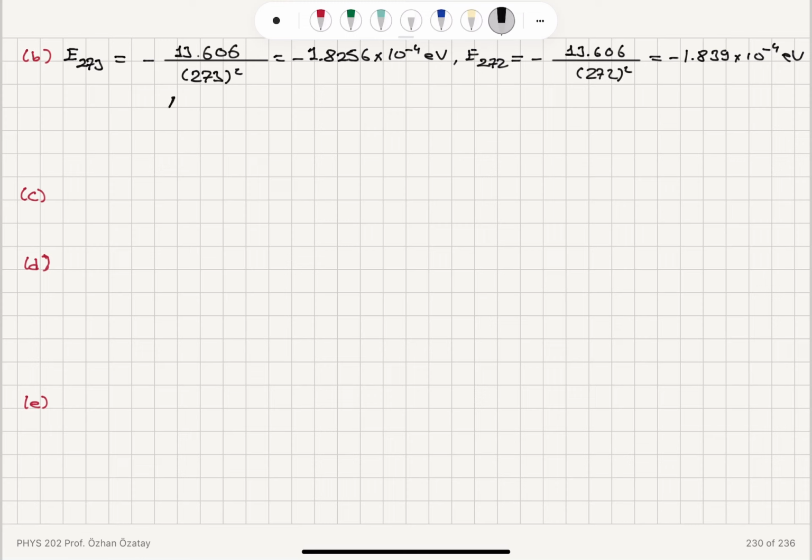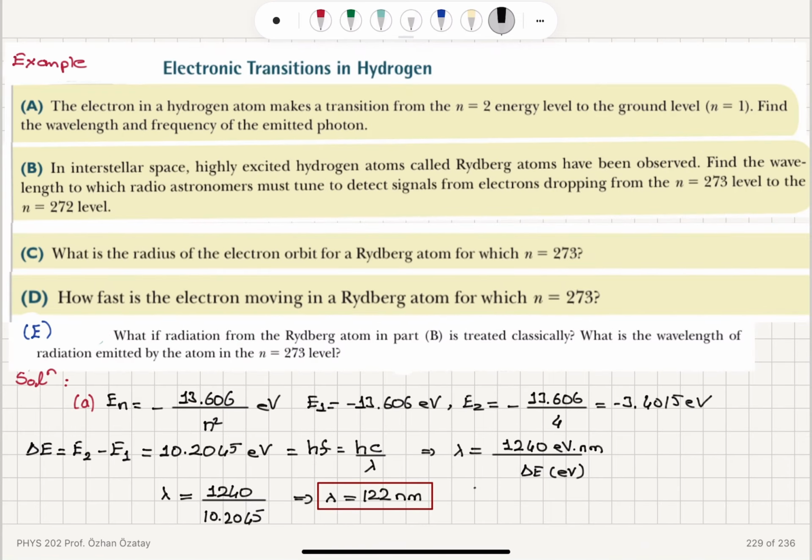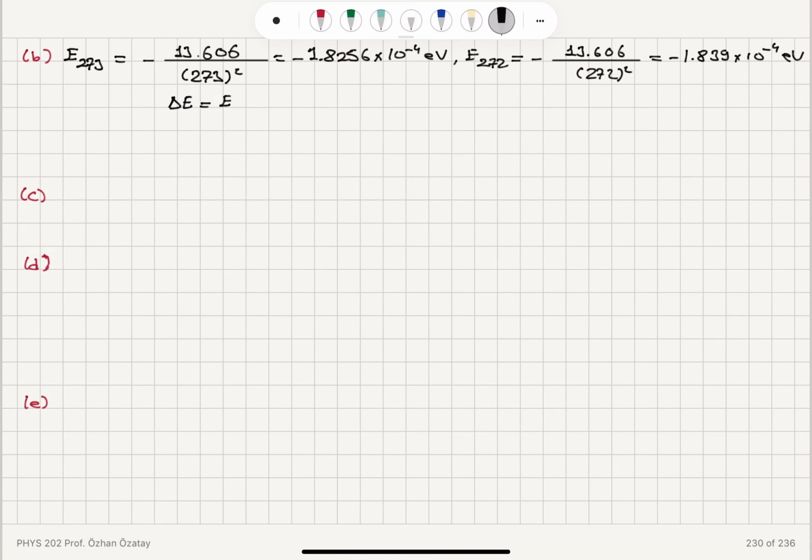The difference between these two, so if we have a transition from n equals 273 to n equals 272, that's what's happening here. The final energy is E272. The initial energy is E273. This gives us 1.345 times 10 to the minus 6 electron volts.